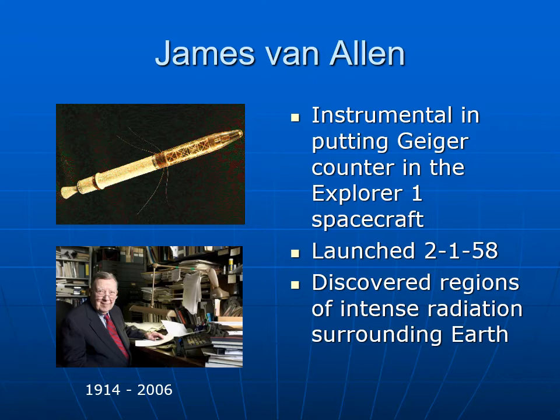It's a small unmanned thing, about the size of a large tube, just a few inches across and a few feet long. But on board, James Van Allen, a scientist from Iowa, had an idea of putting a Geiger counter on board to measure radiation outside of Earth's atmosphere.